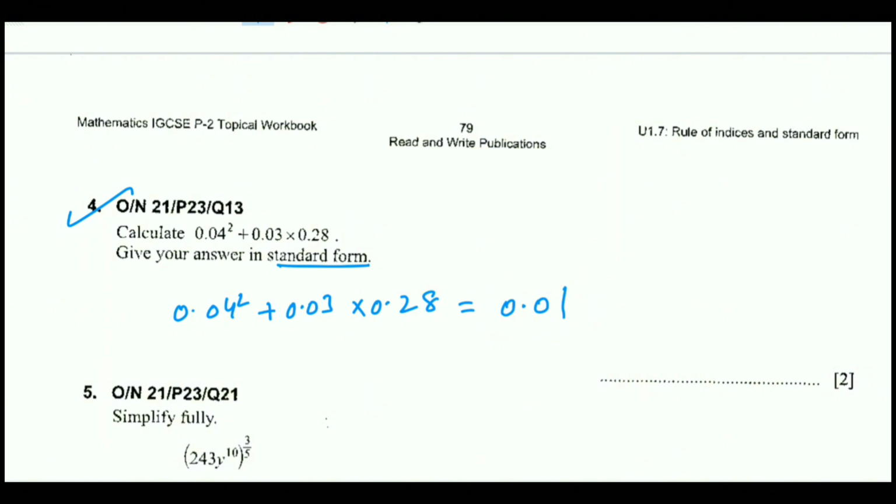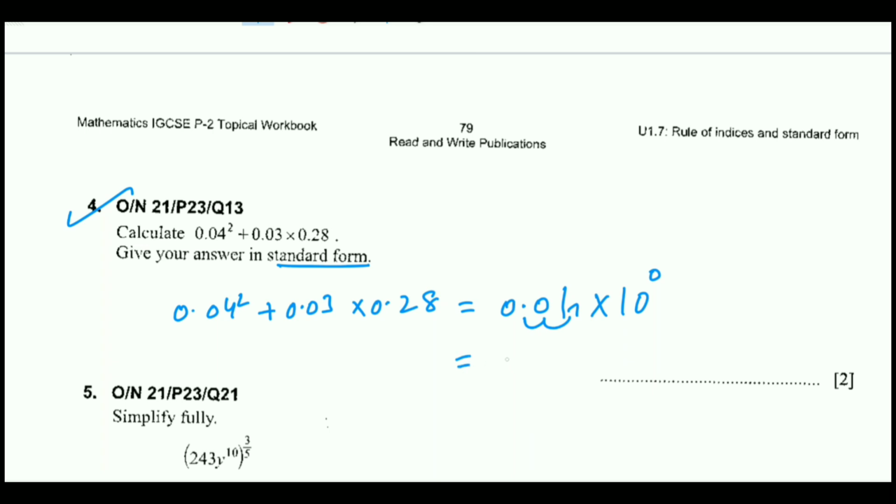How to convert it in standard form? If there is no 10 in standard form, what you have to do, you have to write 10 by yourself, and the power will be 0. So now we have to move our decimal two numbers right side to make it standard form.